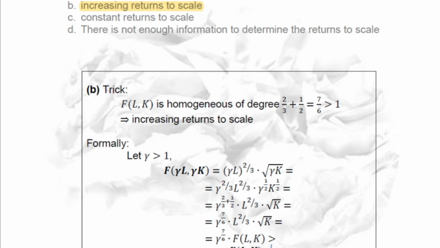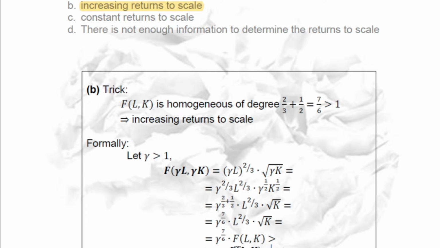We have to compare it with gamma times the function. As gamma is a number greater than 1, any number greater than 1, when we elevate it to a number greater than 1, it will be bigger than itself. So as the function with the new values of L and K is higher than gamma times the old function, we have increasing returns to scale.